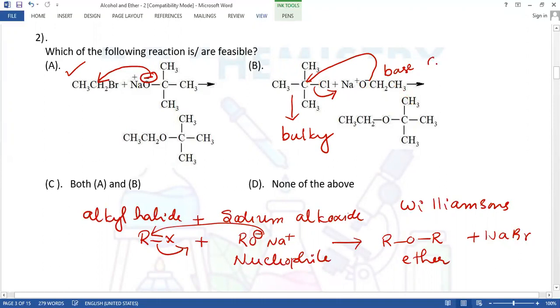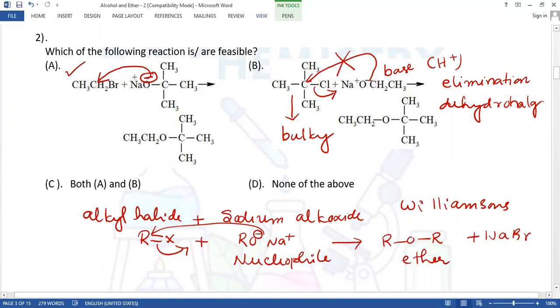Base is one which can abstract the acidic hydrogen. And the reaction is called the elimination reaction. That means you have to bring about a dehydrohalogenation reaction. Correct? That means this reaction is not possible.